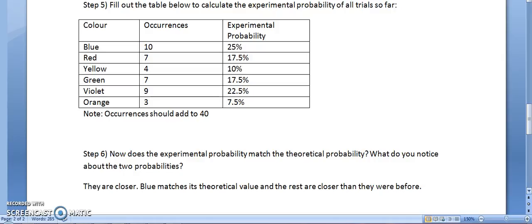That is one of the rules of probability, that the more trials that we do, the more it is going to match our theoretical values. Same thing with flipping a coin. You flip 2 coins, you might get a heads and a tails, but you might not. But if you did 100, you're much more likely to have 50 heads and 50 tails. All right.